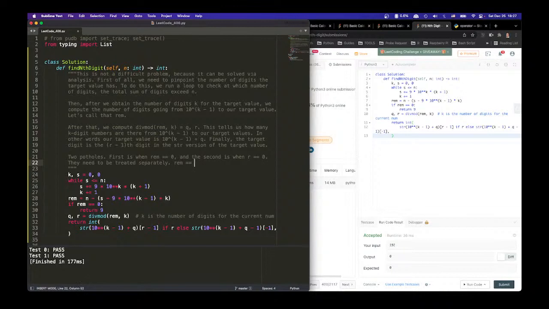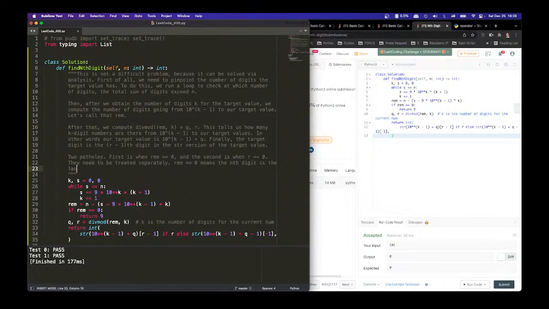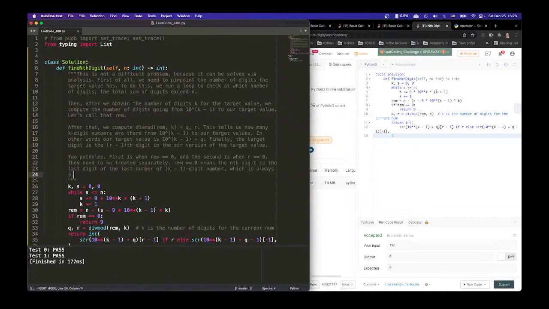Rem equals 0 means the nth digit is the last digit of the last k minus 1 digit number, which is always 9.